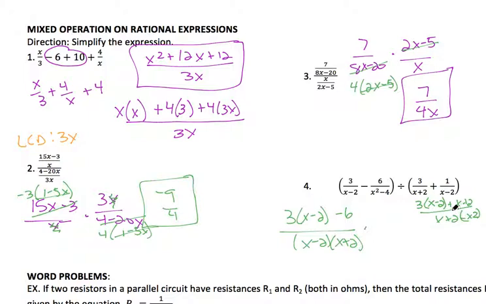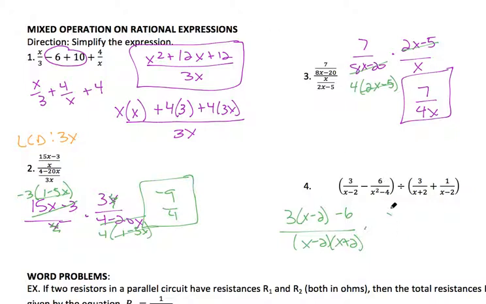Okay, oops, I wrote that wrong. Okay, there's my common denominator. So I've multiplied the 3 by the x minus 2, the 1 by the x plus 2. Okay, so that's what it would look like. I'm going to get rid of that. Hopefully you wrote that down.